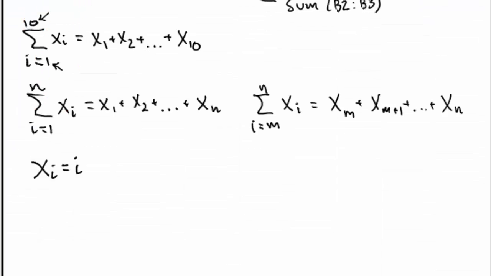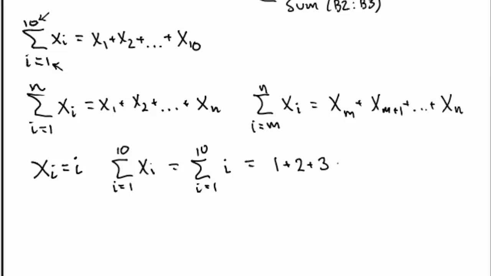So in this case, if I write the summation i goes from 1 to 10, say, of xi, that would be precisely the same as i goes from 1 to 10 of i, and we can write that as 1 plus 2 plus 3 plus all the way to 10, which we find to be equal to 55.